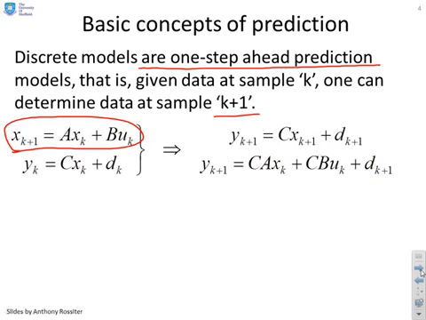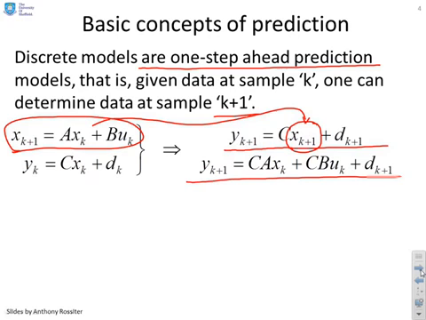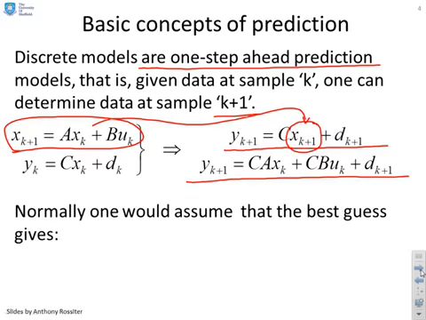I can obviously therefore find the output one sample ahead by writing yk plus 1 equals c xk plus 1 plus dk plus 1, and then where I've got this xk plus 1 here, I can substitute in from there, and then what I get is this: yk plus 1 equals c a xk plus cb uk plus dk plus 1. Now hopefully that was obvious to everybody, so I've done it fairly quickly.